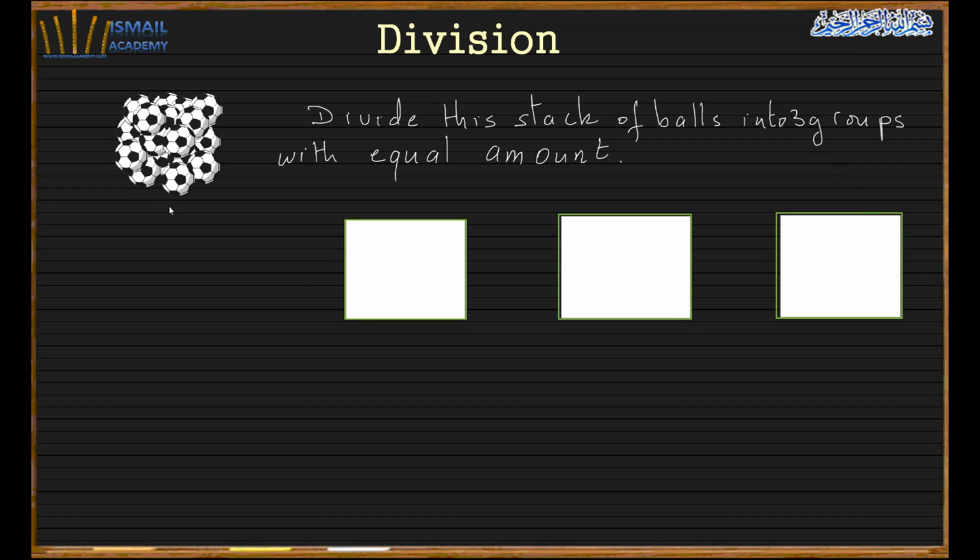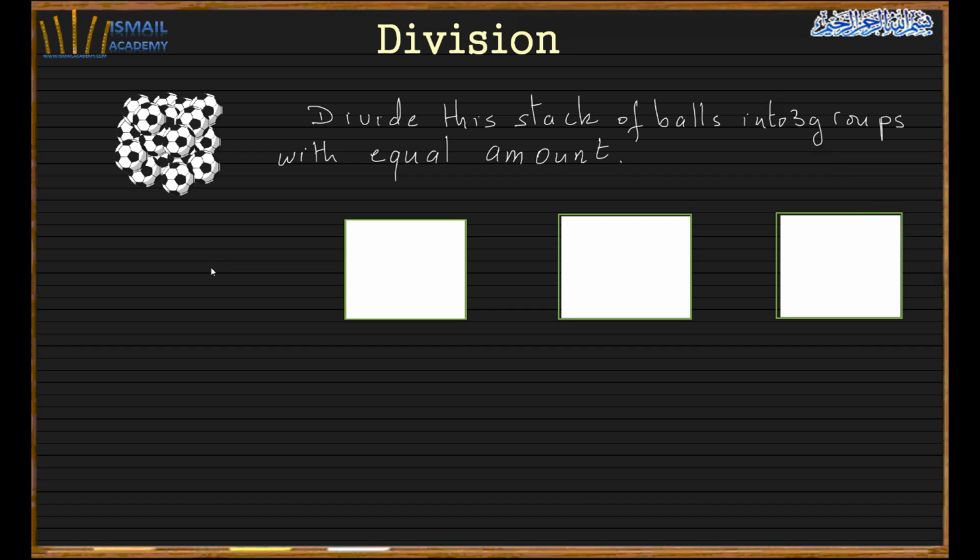I will reduce from this stack of balls 3 balls, which is the same amount as the boxes I have here. And after I reduce, I check if I still have more than 3 balls. If it's true, then I'll reduce another 3 balls.